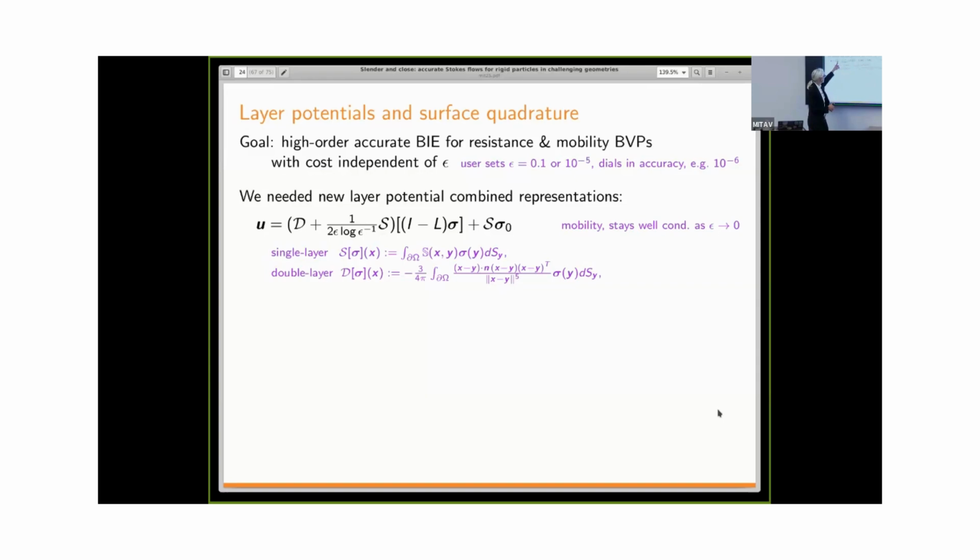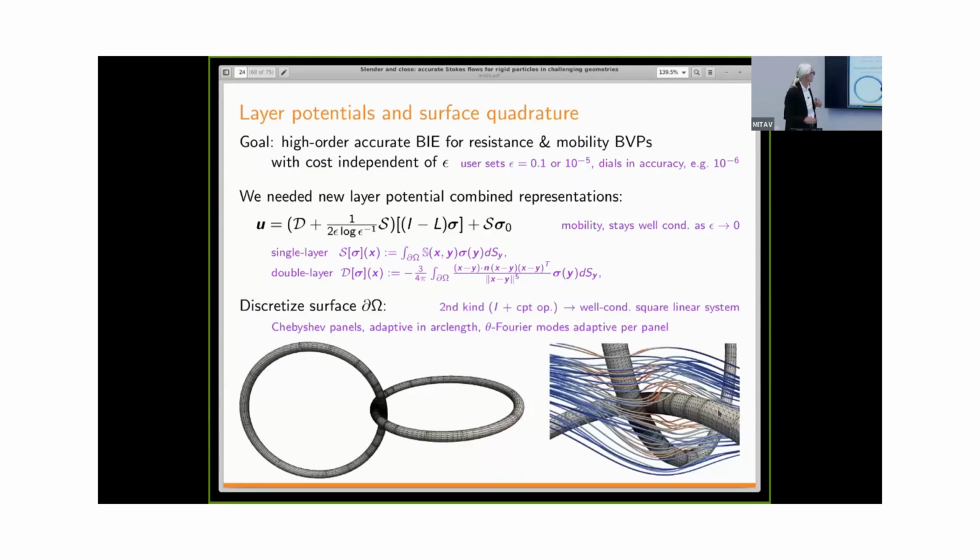And then you mix these together, and we had to invent a new mixing factor that scales with epsilon so that the thing came out well conditioned. We also had to do some of this projector stuff, these I minus L orthogonal projectors, and no one has considered this problem in this limit of small radius.